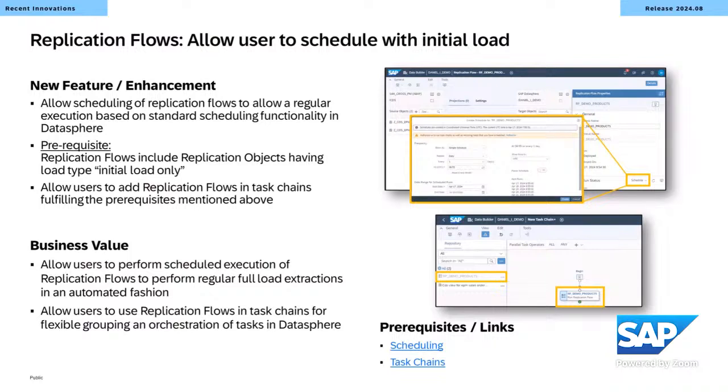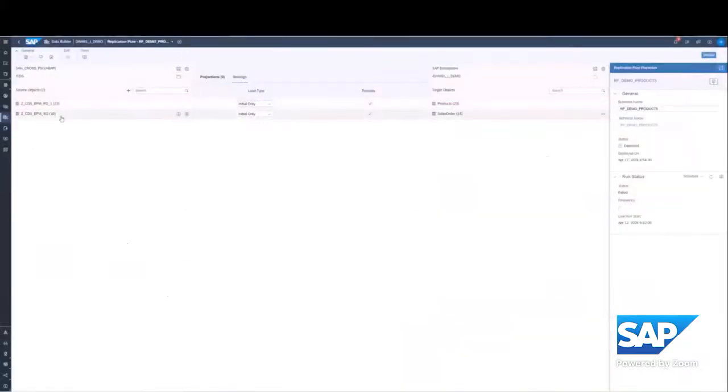So on the one hand we have support for scheduling of replication flows, and you can also add them in task chains. I have here an example with 2 CDS views from an S/4HANA system having initial only as load type, and you can see in the replication flow property panel that I now have the ability to define the schedule.